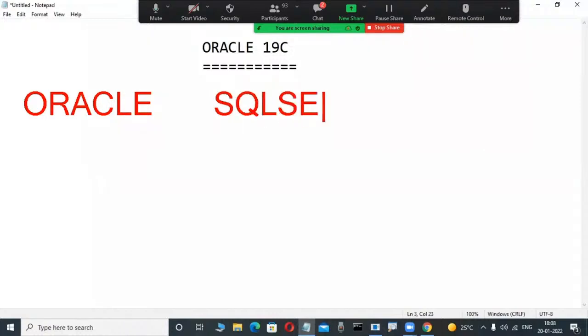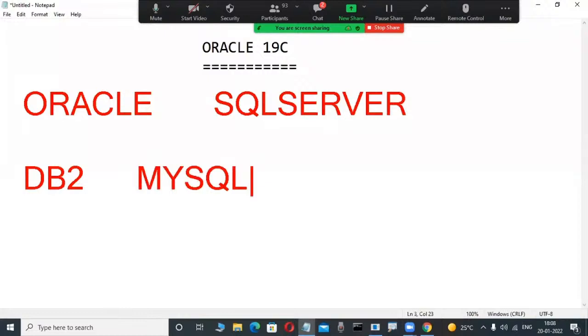SQL Server is a database product from Microsoft. DB2 is a database product from the IBM company. MySQL is an open source database product, but nowadays Oracle Corporation is purchasing it. Again, Sybase is a database product from Ingres Corporation.